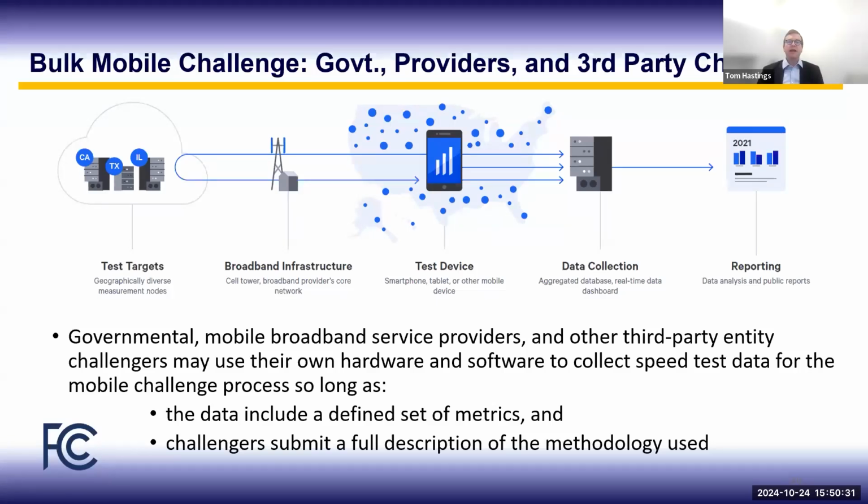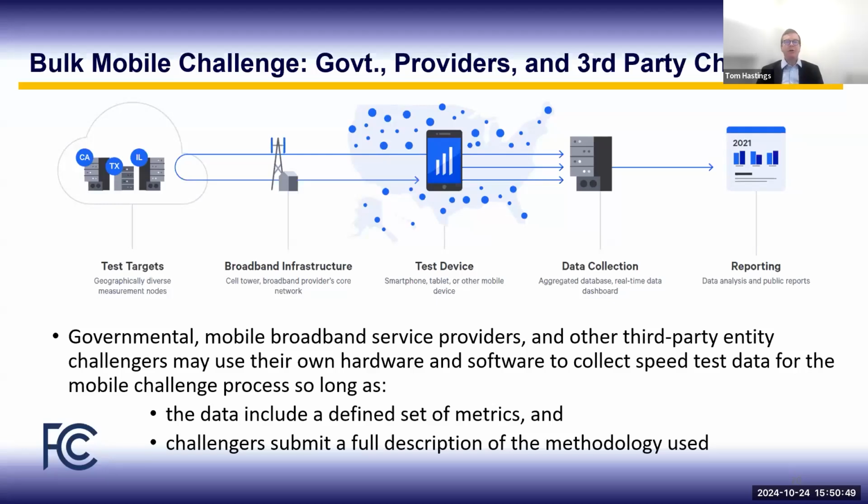If electing to use an outside vendor's equipment for testing, please ensure at the outset that the equipment and software comport with the required data specifications and collect the required data for challenges. By having the required data in compliant format, the data may be uploaded into the BDC system.